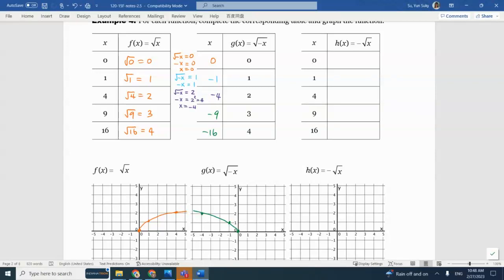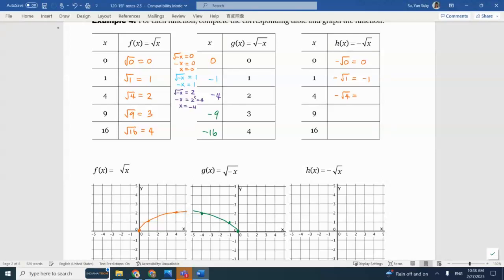Now, what happens if we have a minus sign in front of the square root of x? Well, here, are we changing the x or changing the y? Changing the y. Changing the y means your x remains the same. So you have your same input and you just plug in the new function, right? What is the negative square root of 0? 0. Negative square root of 1? Minus 1.